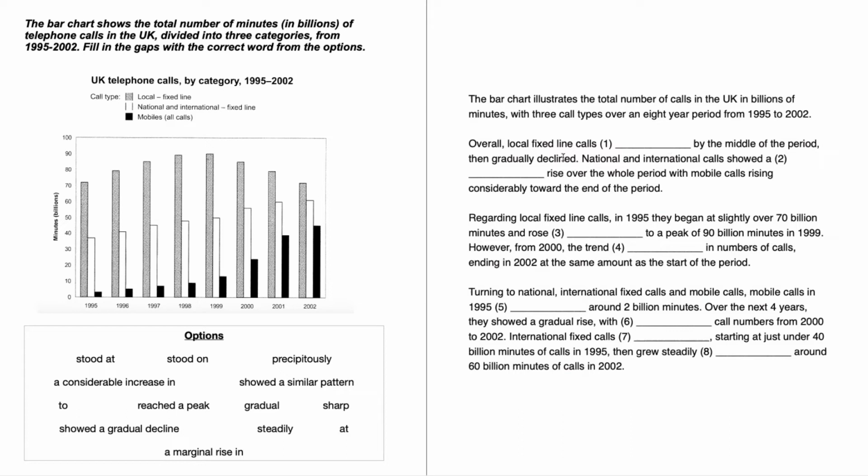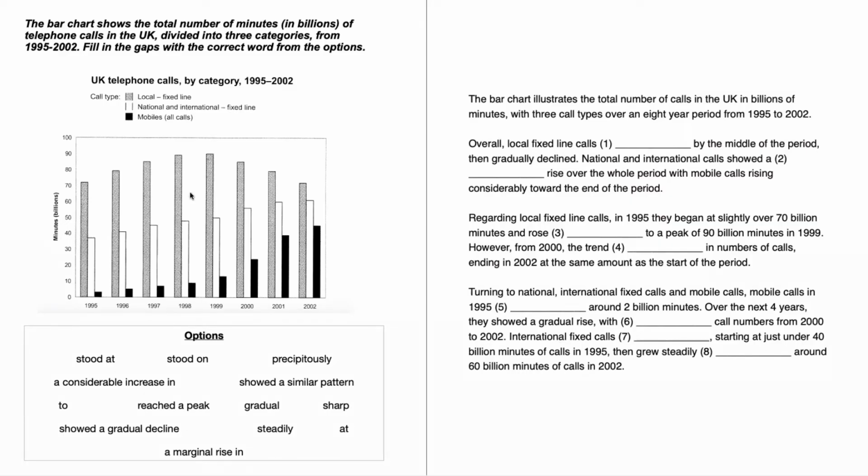So if you look at fixed line calls, that's going to be our gray. And we see overall fixed line calls blank by the middle of the period. So the middle of the period would be 1998, 1999. And let's see, it starts off at around 70. And like it says here, it gradually declines.